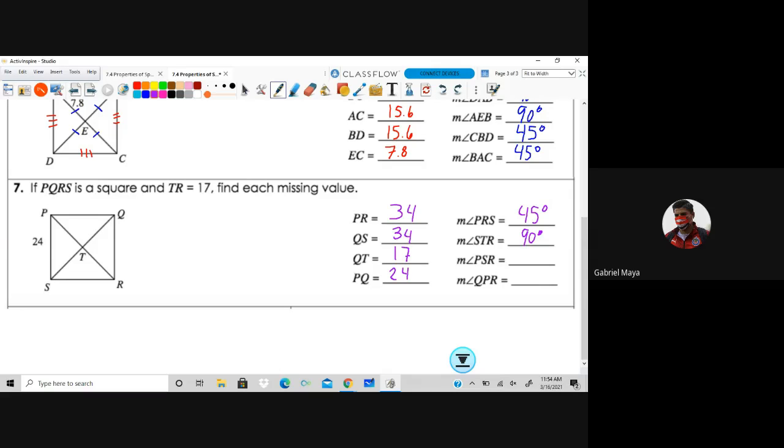What about PSR? Yes, 90 degrees as well. What were you confused on? Oh, makes sense? Okay. And then what about QPR? 45, yes.